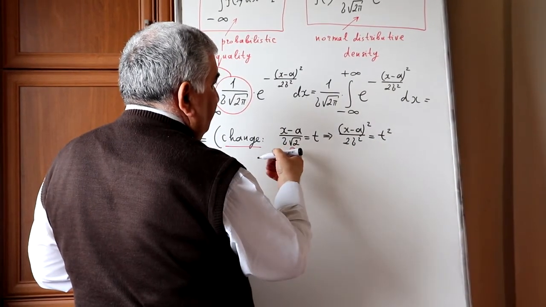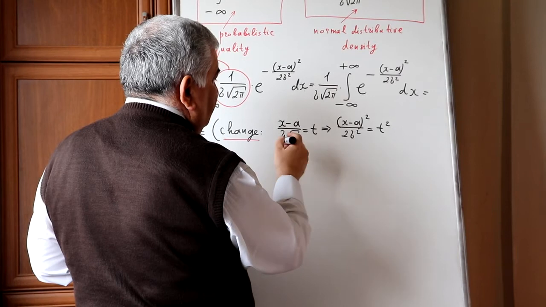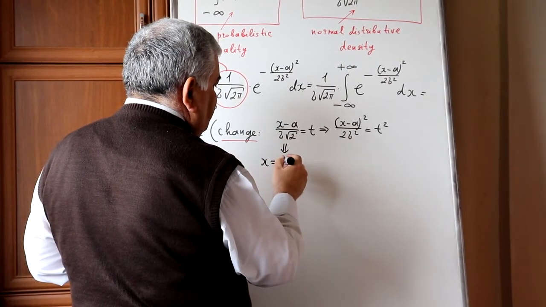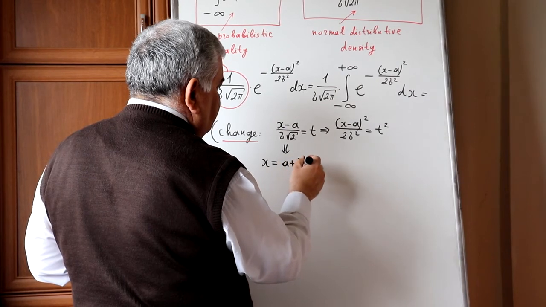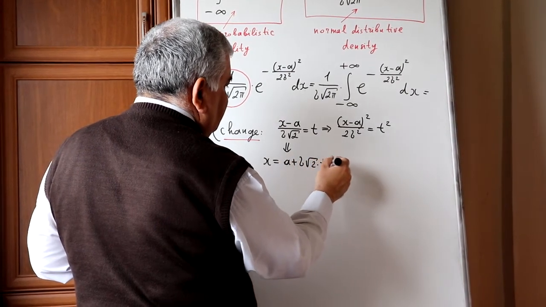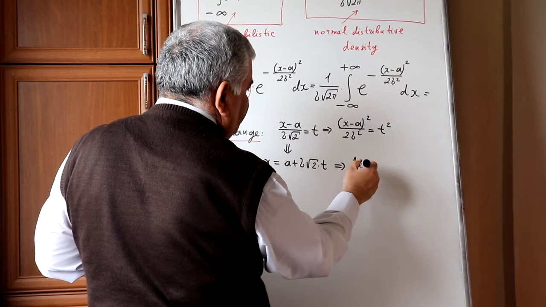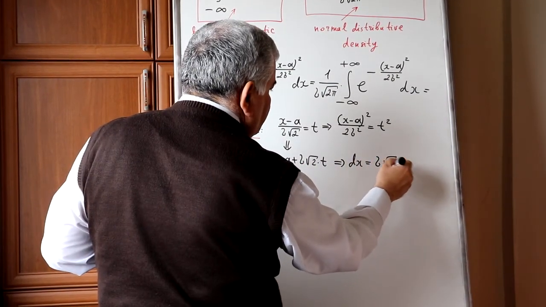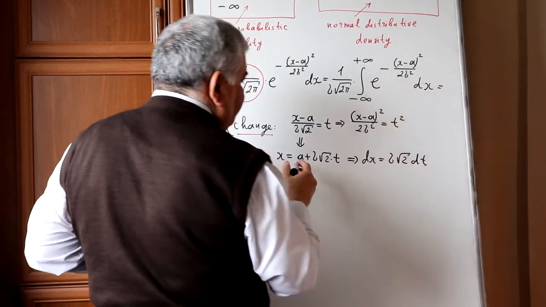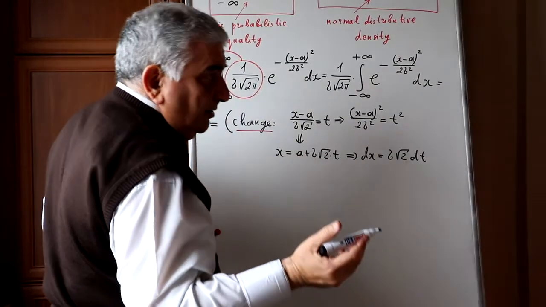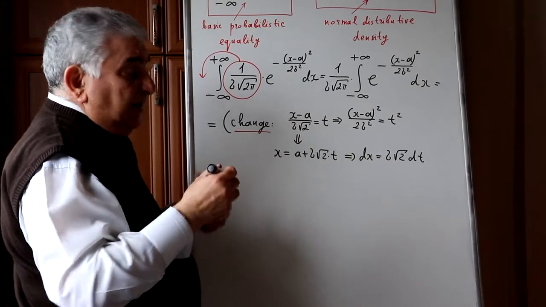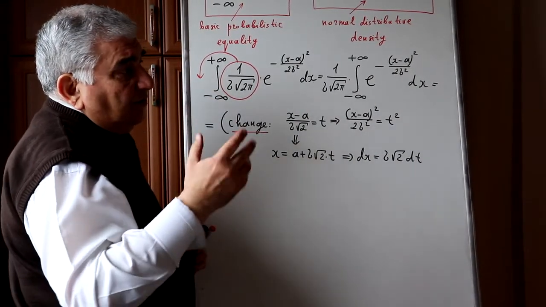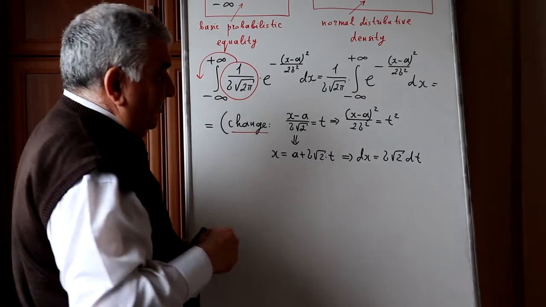Then find x from here. X is equal to a plus sigma square root of 2 multiplied by t, and then find dx itself. Dx is sigma square root of 2 dt, because the differential of a is 0, and you know that the derivative and also the differential of a constant value is simply 0.